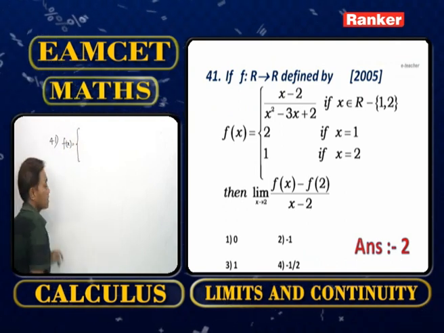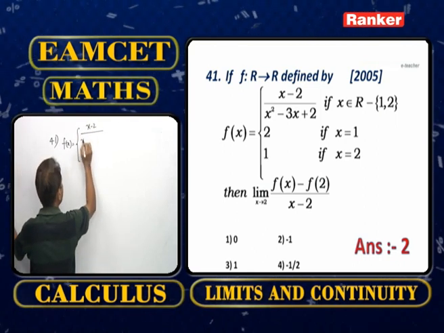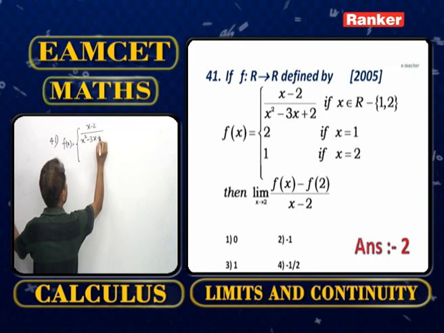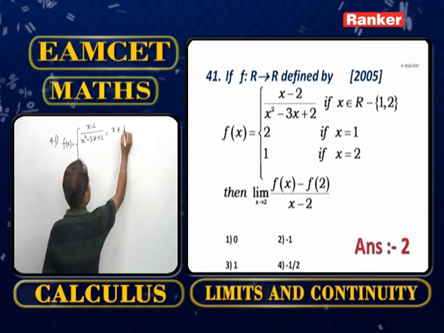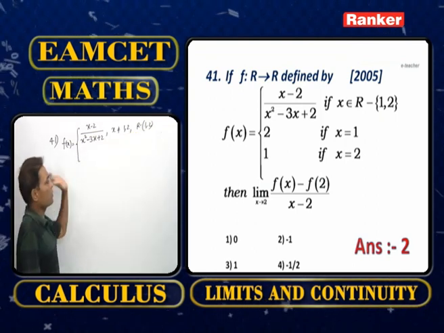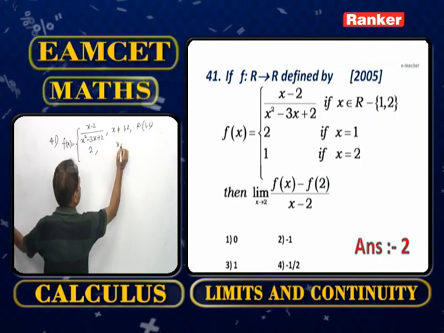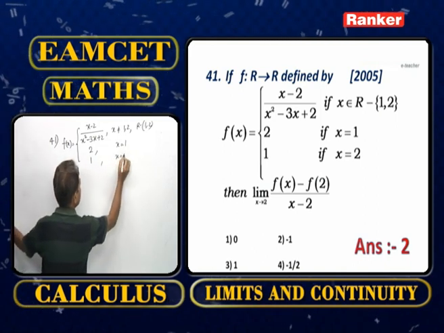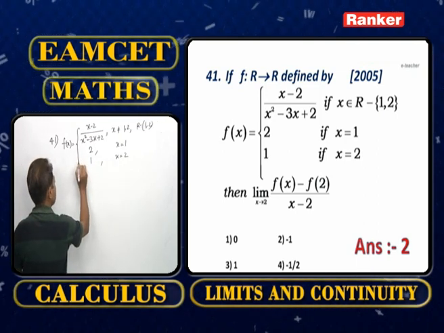Let us see what the definitions are. f of x is equal to x minus 2 by x square minus 3x plus 2 when x is not equal to 1 and 2. You can use any number except 1 and 2. Now, when x is equal to 1 use 2, and 1 when x is equal to 2. So, when it is 1 we have to use 2, when 2 it is 1.